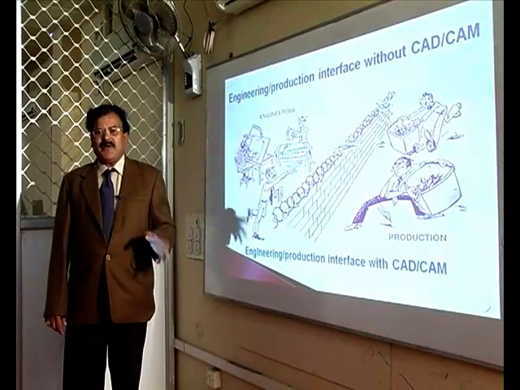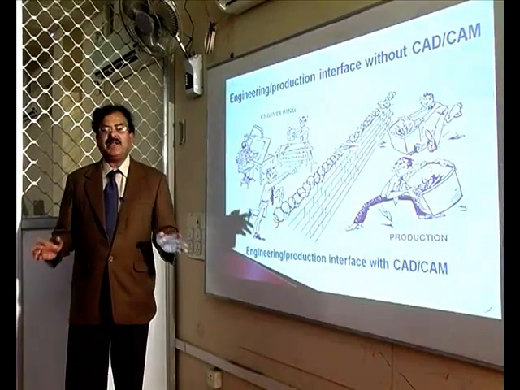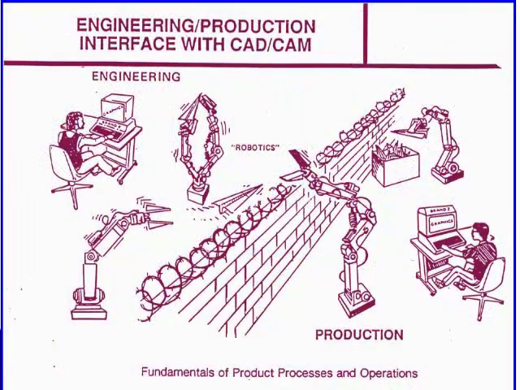This is because things are controlled by human beings, and human attitude is very difficult to control. Okay, what did we do? We have removed many human beings in production. We have removed many human beings in the design department. Now the complete design activity is automatized, and the manufacturing activity is also automatized, right?